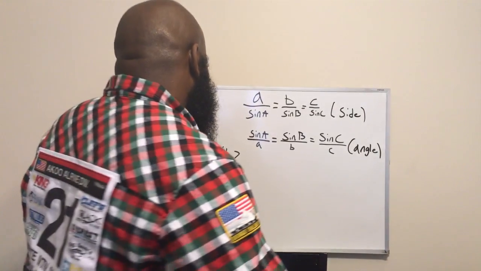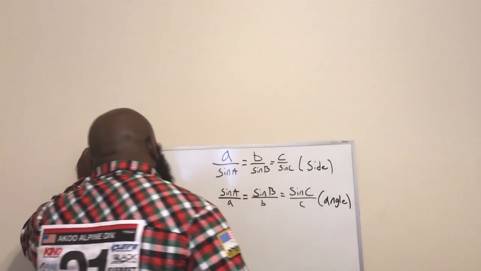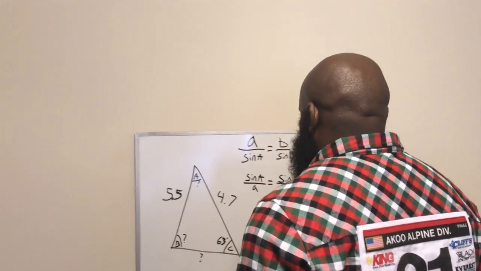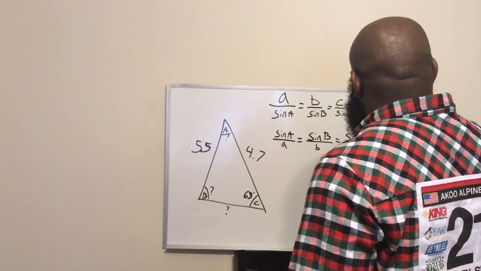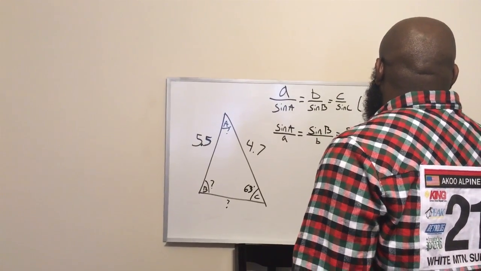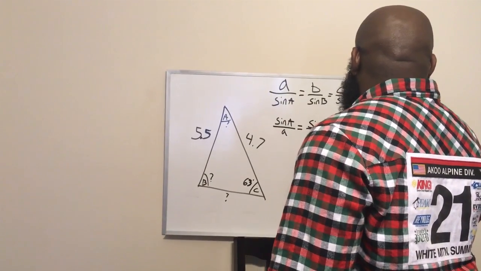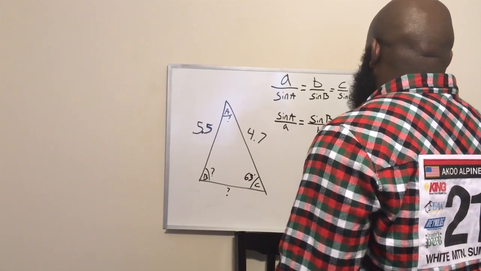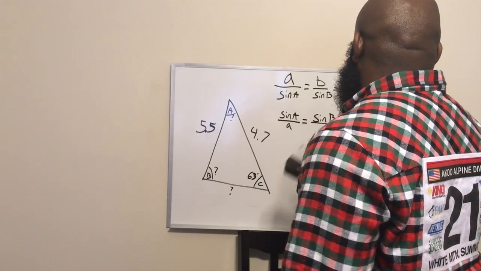Let's fill in our placeholders with the information that we do know. We know what the angle of C is. We know what side C is. We know what side B is.